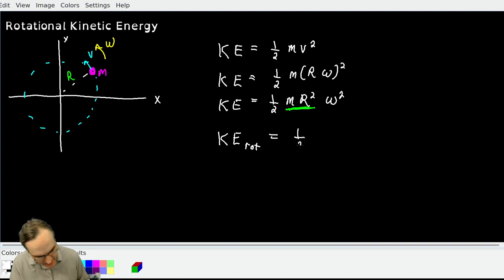So the rotational kinetic energy is what we call 1/2 I, which is the resistance to rotational motion. It's like the mass for rotation. It is called the moment of inertia, times omega squared. And this means I for a particle, the moment of inertia of a particle, is mr squared.